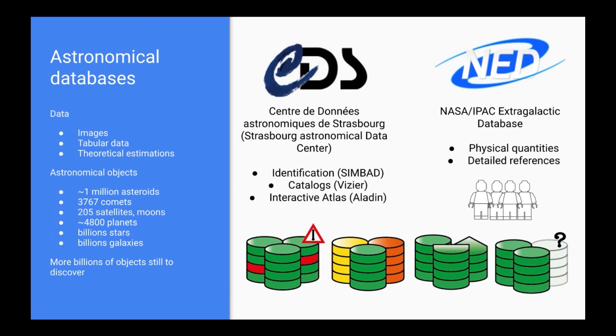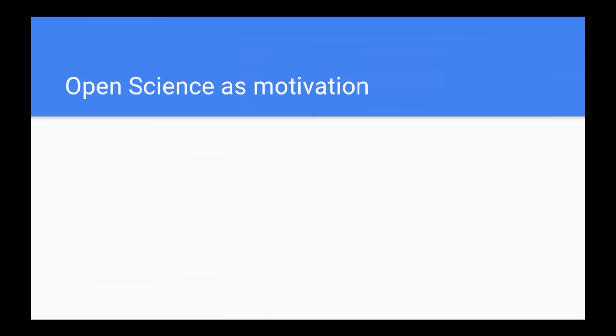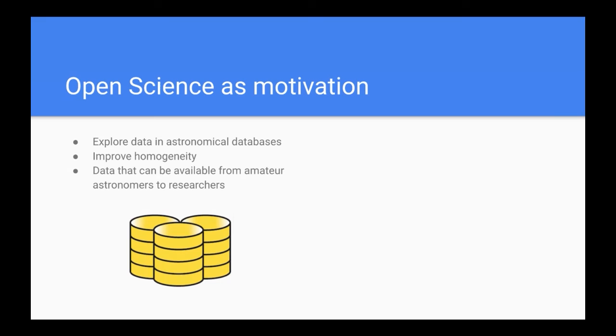So taking that into account in terms of the astronomical databases, what we do is focus our research on open science as a motivation. Why is that? Because we want to explore the data in these astronomical databases to, in a way, improve the homogeneity of the same, and at the same time make the data of our research available not only for researchers and astronomers, but also for amateur astronomers, like normal people that really like astronomy.